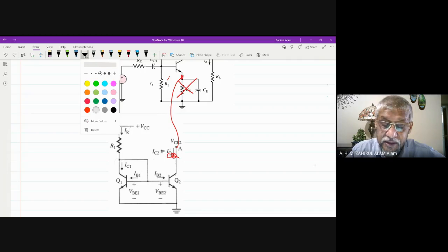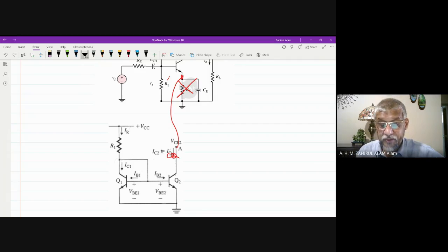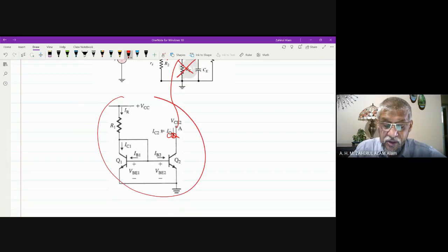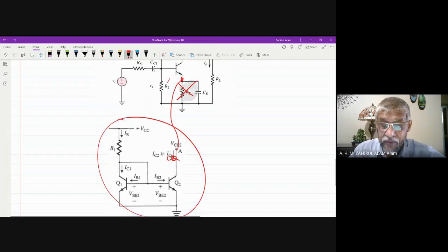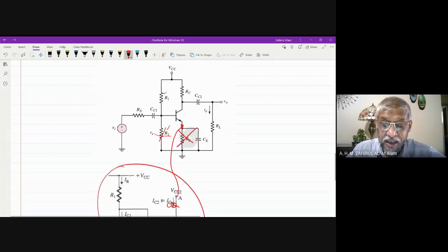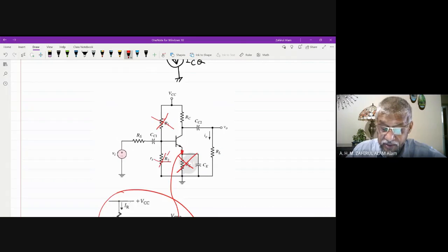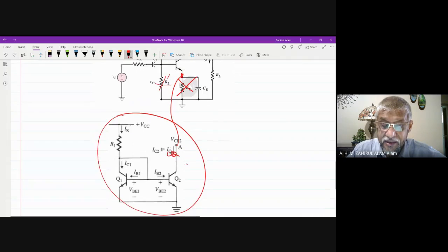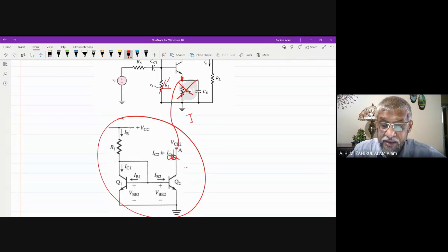So cannot find. So this is open circuit. Now we connect. So now we know we need to design a current source to bias. So when we apply this current source, actually we don't need R1 and also R2 because this circuit supplies our ICQ.